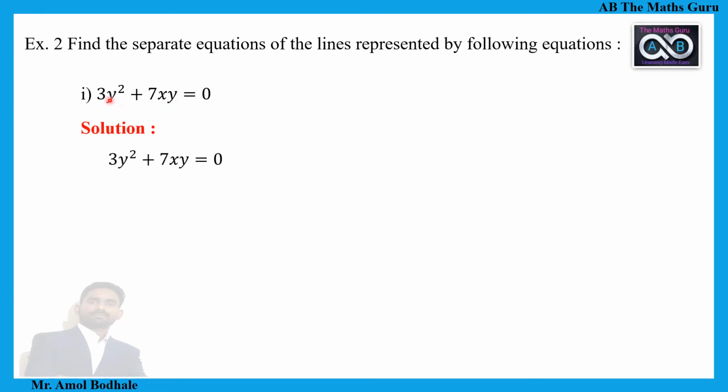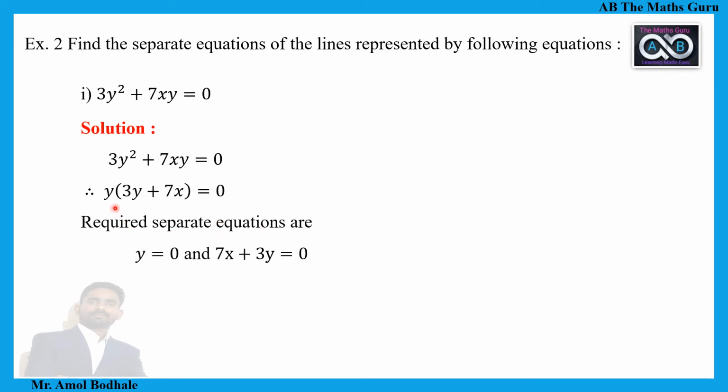We have y common from the first and second term. If we take y common, we will get y into (3y plus 7x). So this is a product of two terms. Therefore, the required separate equations are y equal to 0 and 3y plus 7x equal to 0. That is, we can write 7x plus 3y equal to 0.